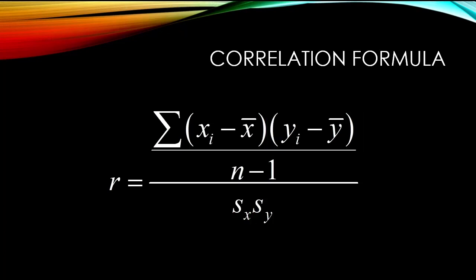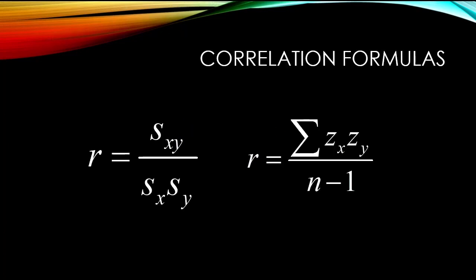Wouldn't that give us a z-score for x and a z-score for y? Then all we have left is the division by the degrees of freedom, n-1. That is indeed an alternate formula for correlation. We take the cross product of z-scores for each unit, then add them up for all units, and average by dividing by the degrees of freedom.